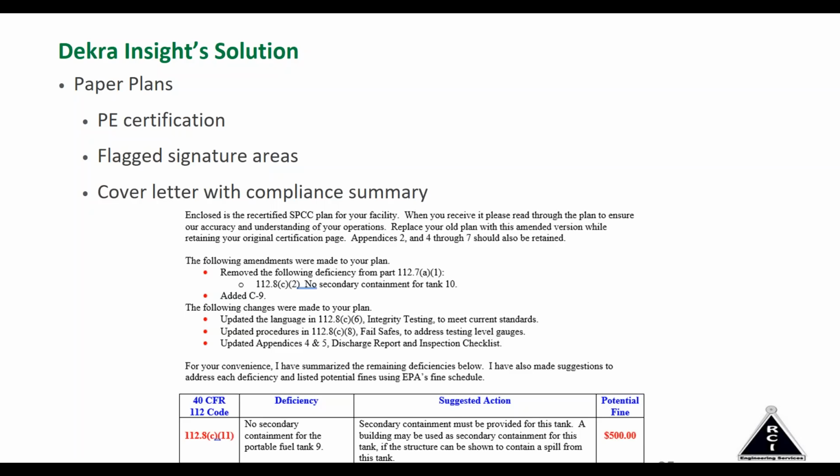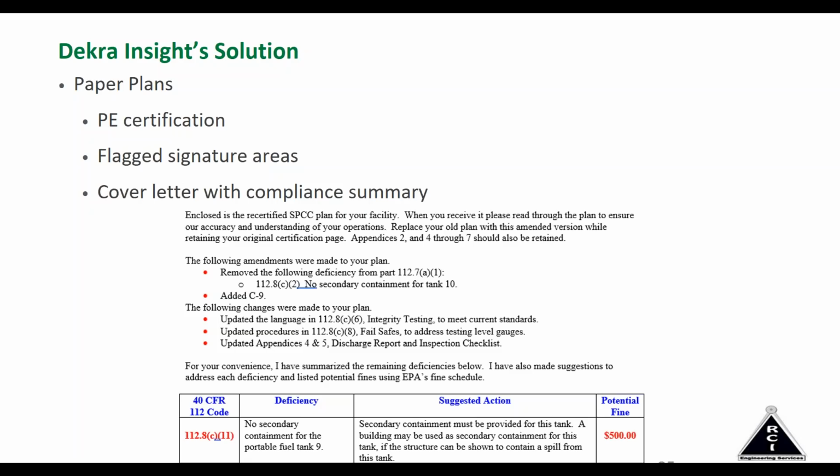It may be some other topic. But anyway, we also address what we changed with the plan. If we amended the plan, and this is a recertification of a plan, we'll list what was updated. This is our way of communicating with the client whenever a plan is issued initially, or whenever a plan is updated or recertified.